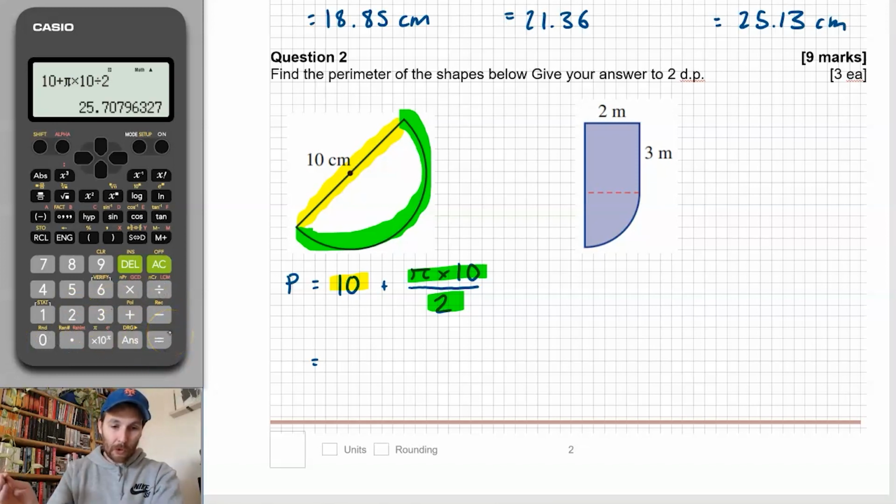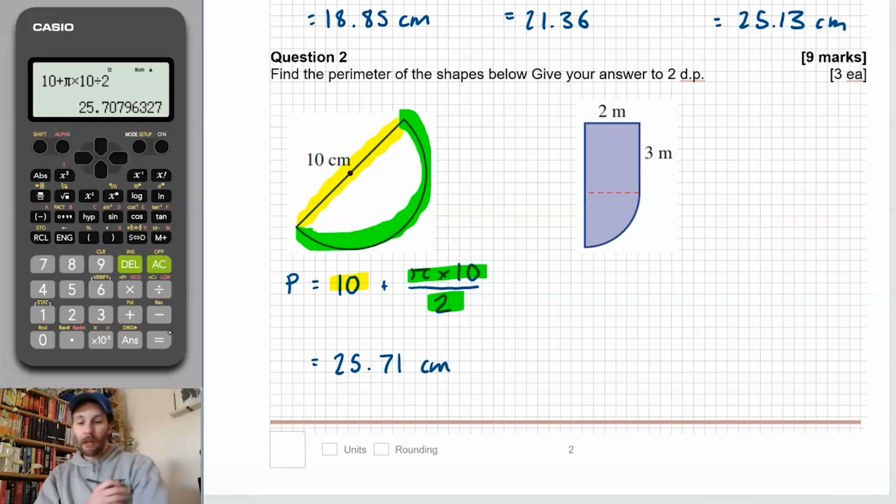And that gives us 25.71 centimeters. And look, if you check that for reasonableness as well, you've got a length here of 10. That's going to be more than 10, but not like heaps more. So adding on another 15, that sounds about right to me.